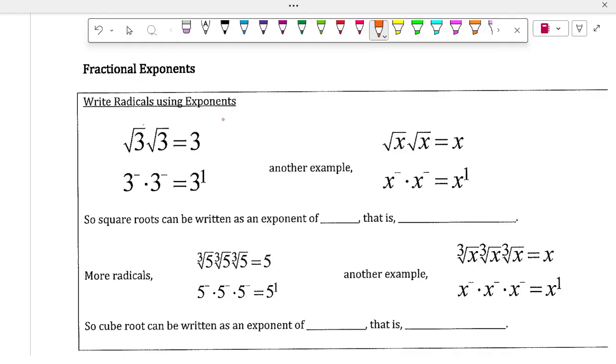I was getting at the square root of 3, which is the same thing as the square root of 3 squared. Guys, please stop talking. And the square root and the square cancel each other out, leaving us with the 3.